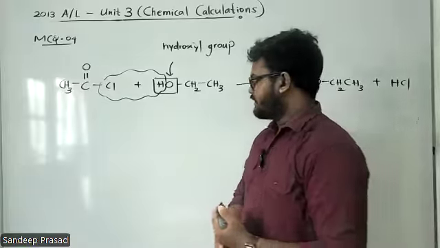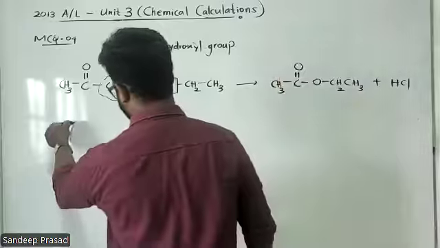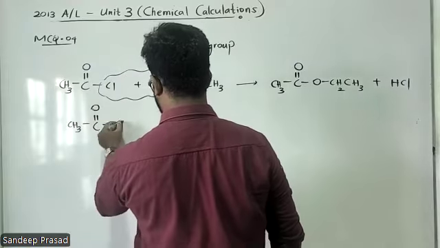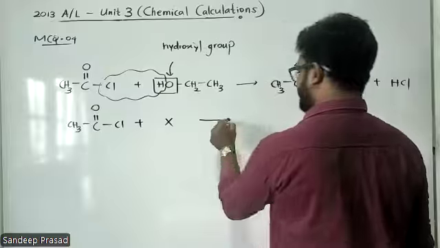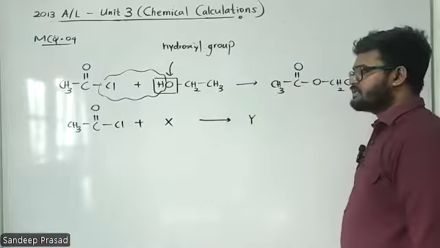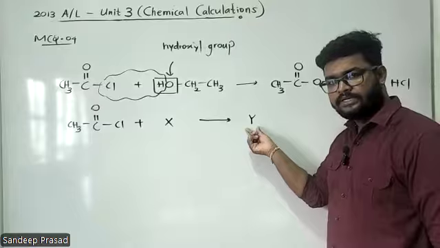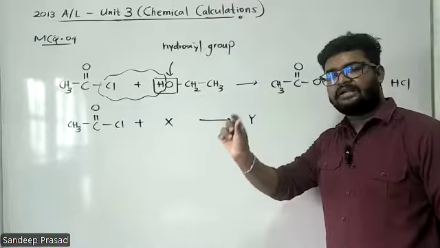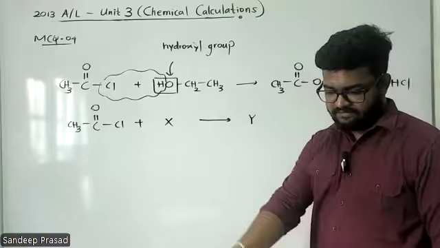Now students, we can understand that according to this reaction, this acetyl chloride is reacting with the compound capital X, right? And producing another compound. So let's consider that one as Y. They have given that the molar mass of that capital Y is greater by 126 units than capital X. They have clearly mentioned that.